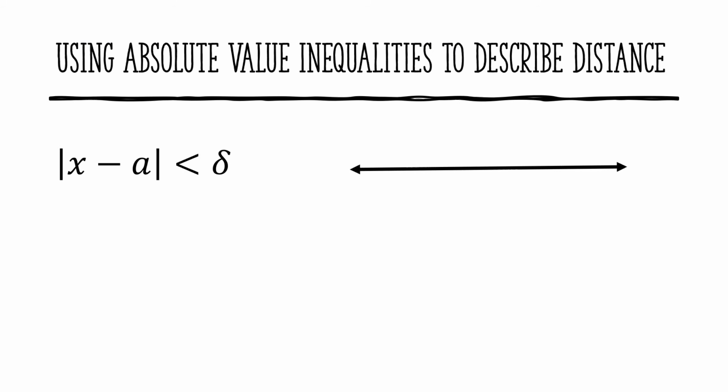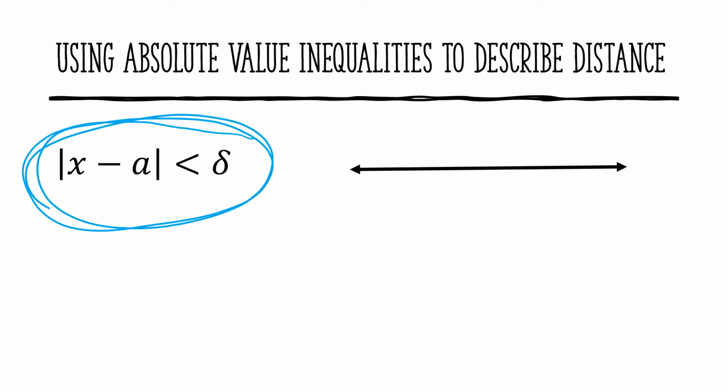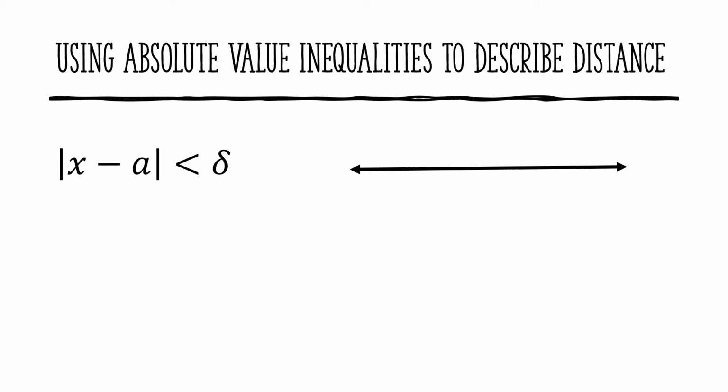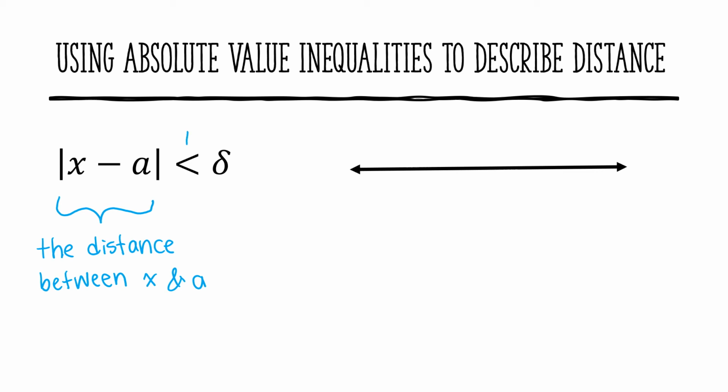So you're going to see this little piece of symbols here a lot in the precise definition of a limit. And what this basically means is when you have the absolute value of x minus a, that means the distance between x and a is less than whatever this guy is.